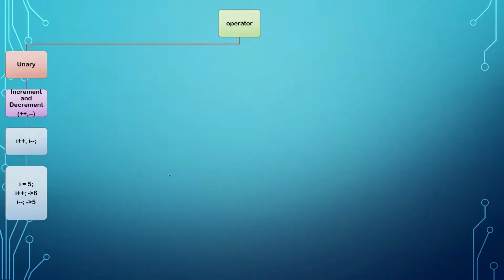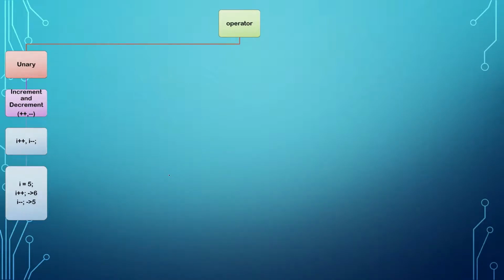Here in this example, i equal to 5 is the first statement. The next statement is i plus plus. Now we increment the value and store it in the variable i. i plus plus means increment the value by 1 and store in i.